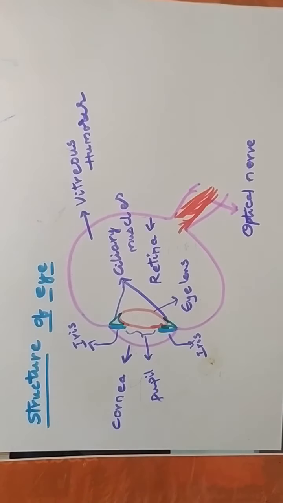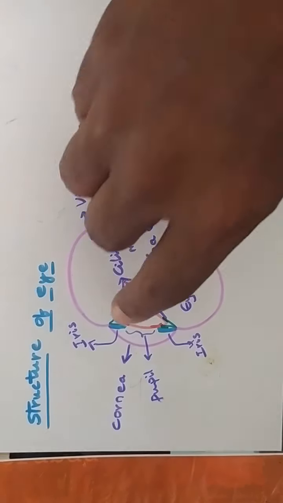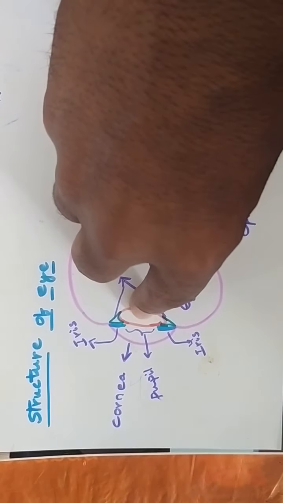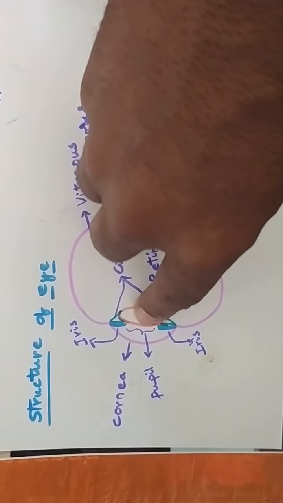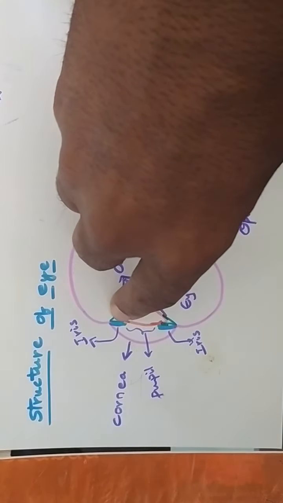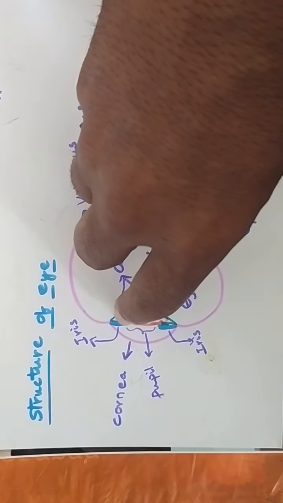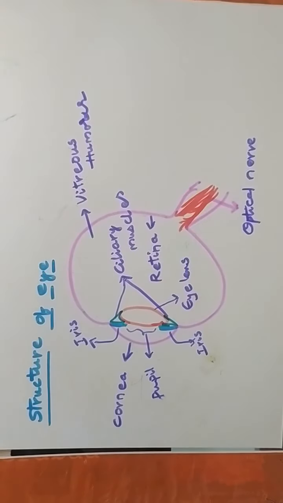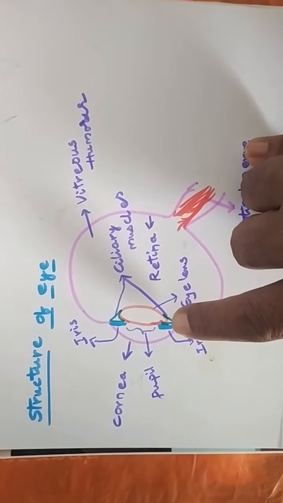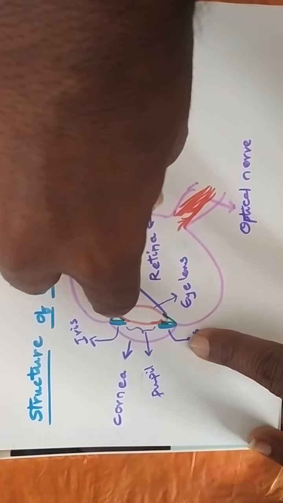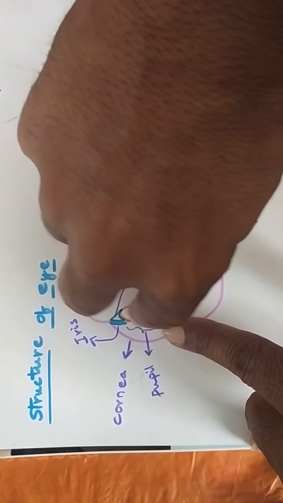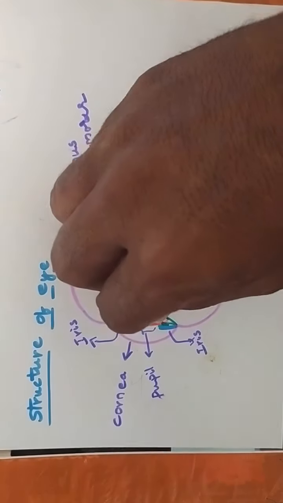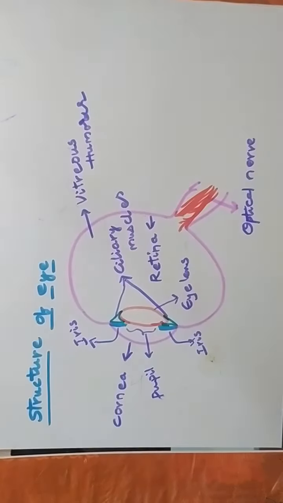The amount of light entering the eye is controlled by the iris. Based on the size of the pupil, the light entering is controlled. In bright light, the iris expands, so that the gap, the size of the pupil, decreases.